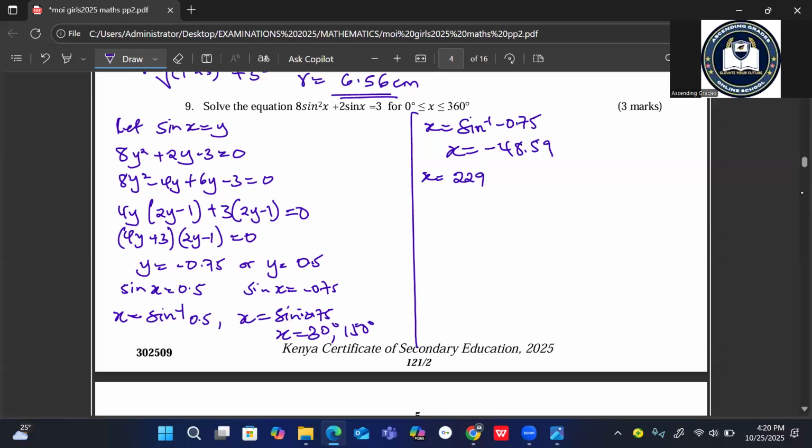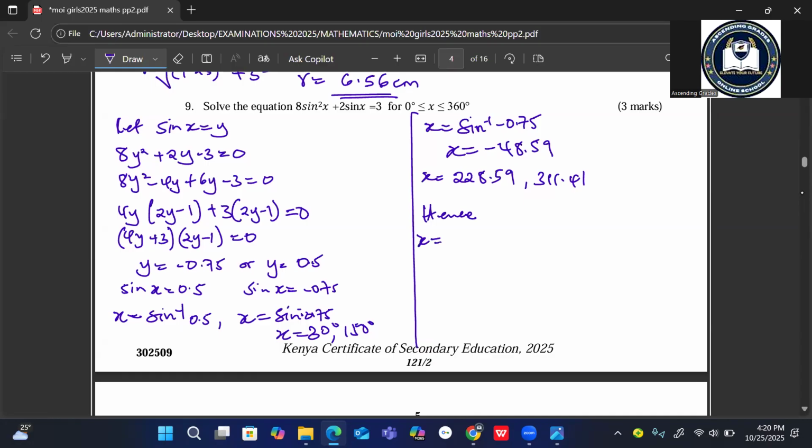No, we don't round up. We simply say now 228.59, and we also have 311.41.